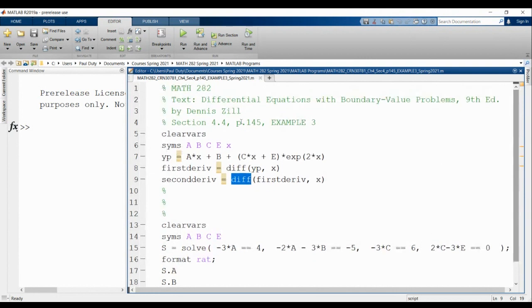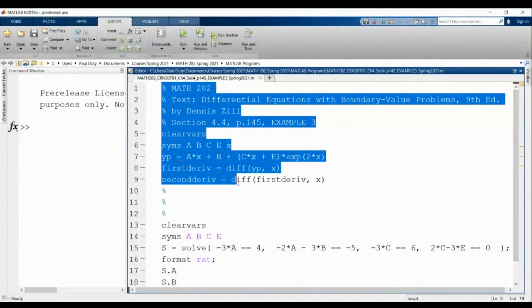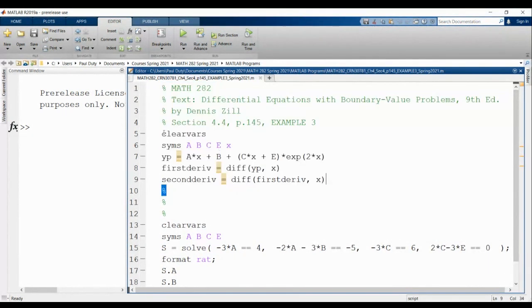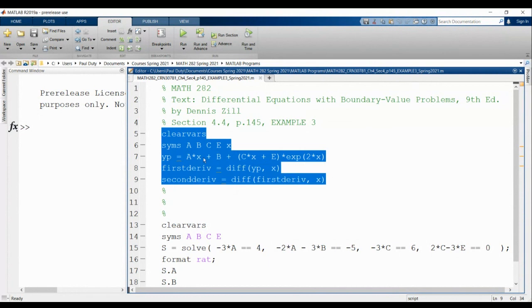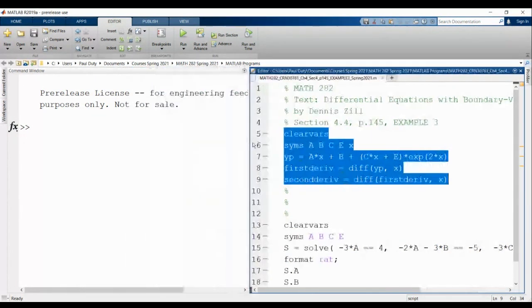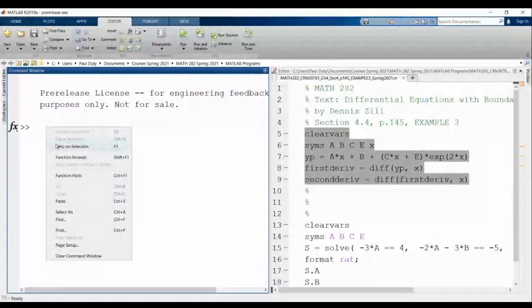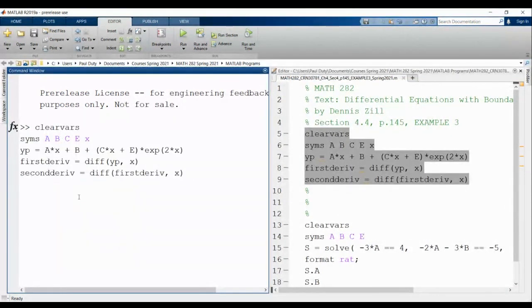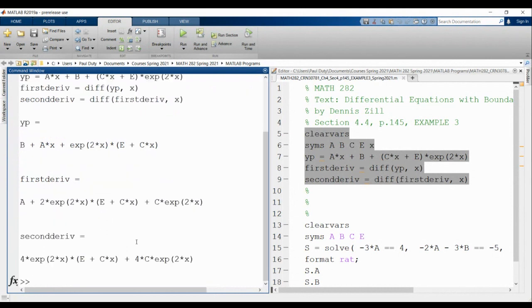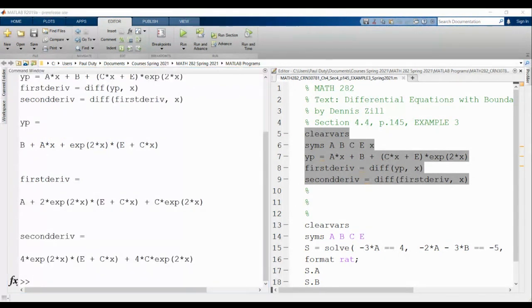Okay? So if you copy that part and paste it on the command line, it takes a moment, but it'll confirm your derivatives for you.